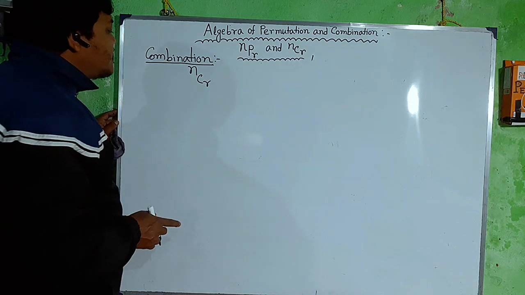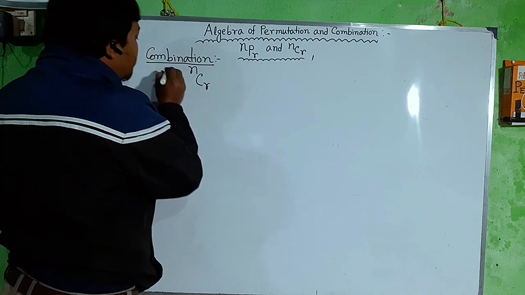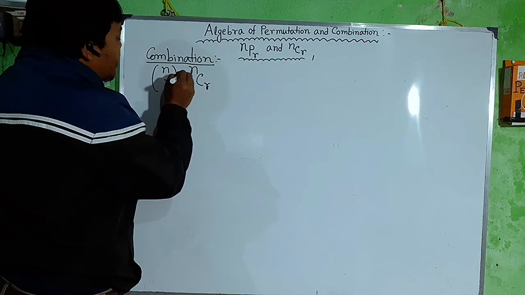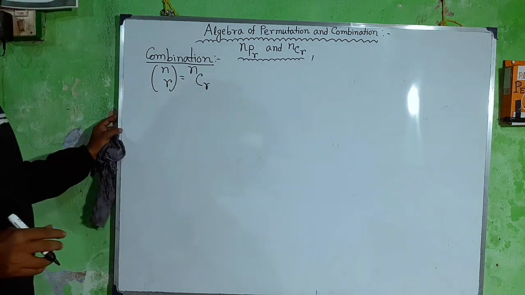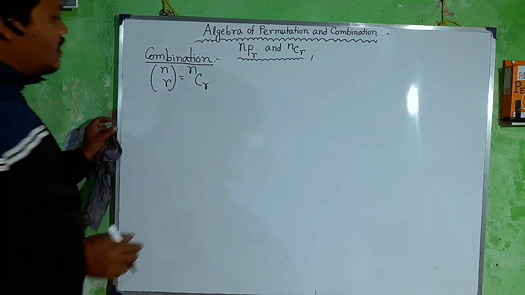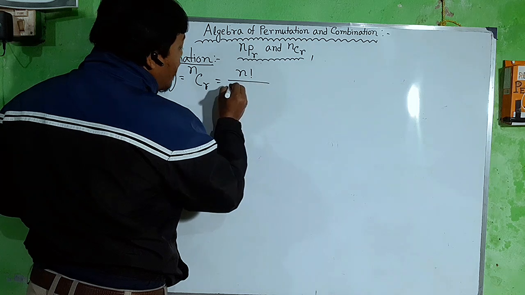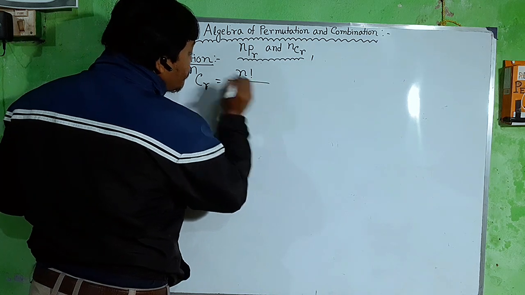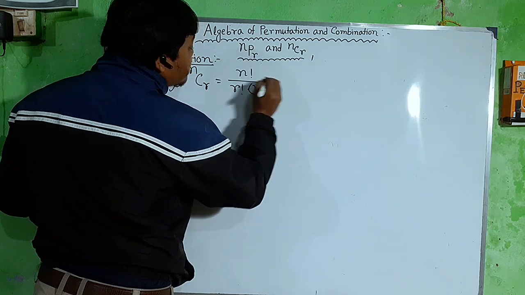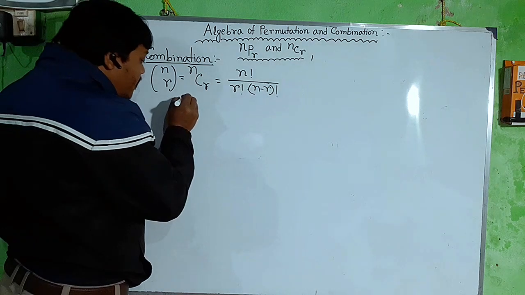So combination is nCr. It can sometimes be denoted as nCr, or n over r in brackets as a column vector, or nCr. That equals factorial n by factorial r into factorial n minus r. After simplifying this, we will get the nCr. So what about 5C2?